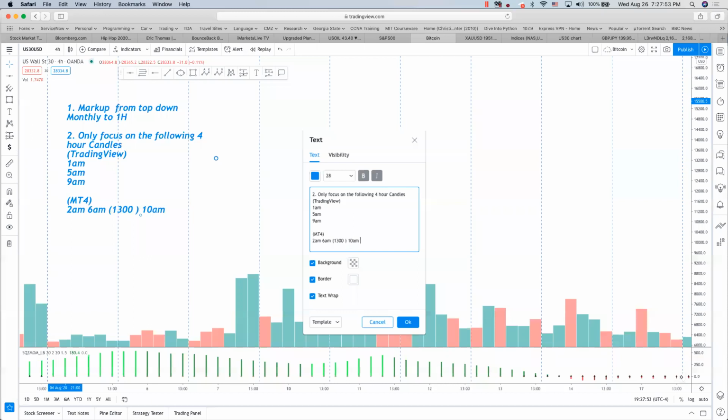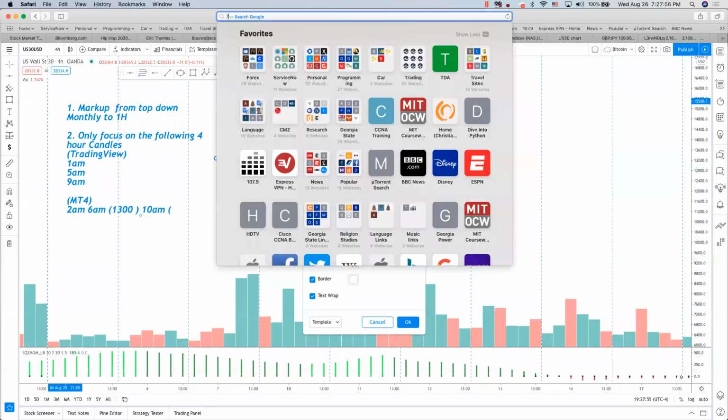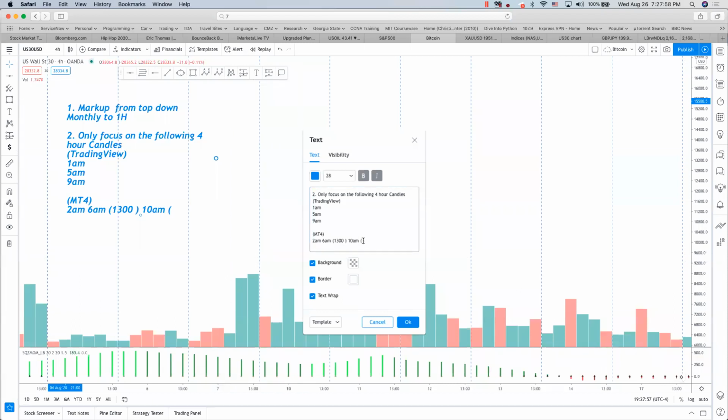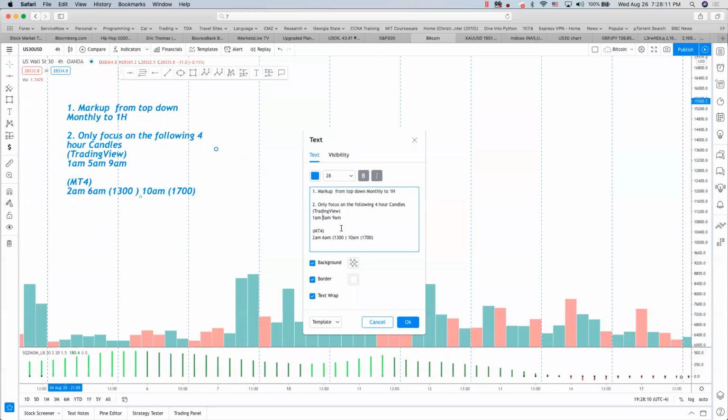And then this is 1700. Oops. Right. So that's the candles on TradingView. Yeah, everything is Eastern Standard Time. Everything is Eastern. Right.